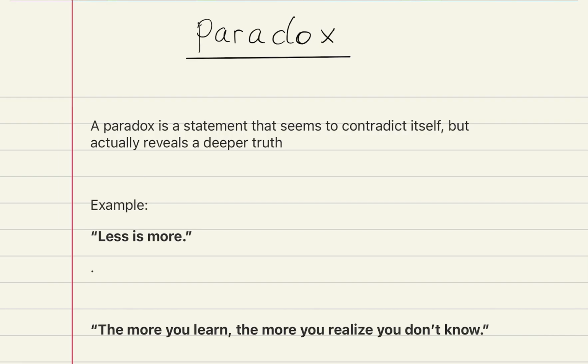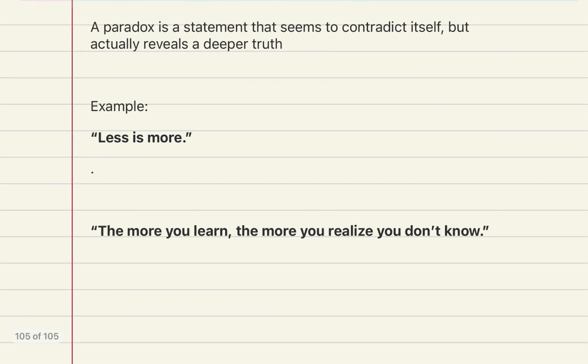So "less is more" is considered a paradoxical statement because it's revealing that you can actually accomplish more when you focus on less. So that's what "less is more" means.